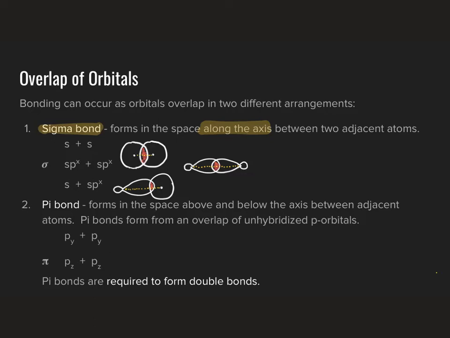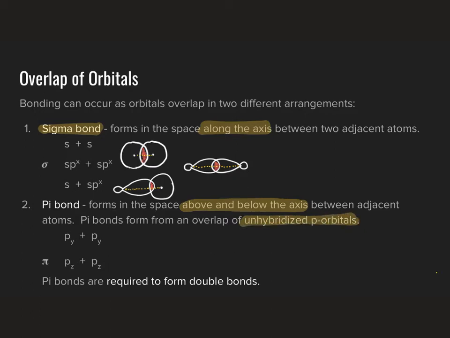A pi bond forms in the space above and below the axis rather than directly along the axis between the 2 adjacent atoms. Now, in order to form a pi bond, we have something tricky happening here. Pi bonds, as it turns out, form from the overlap of unhybridized p orbitals.